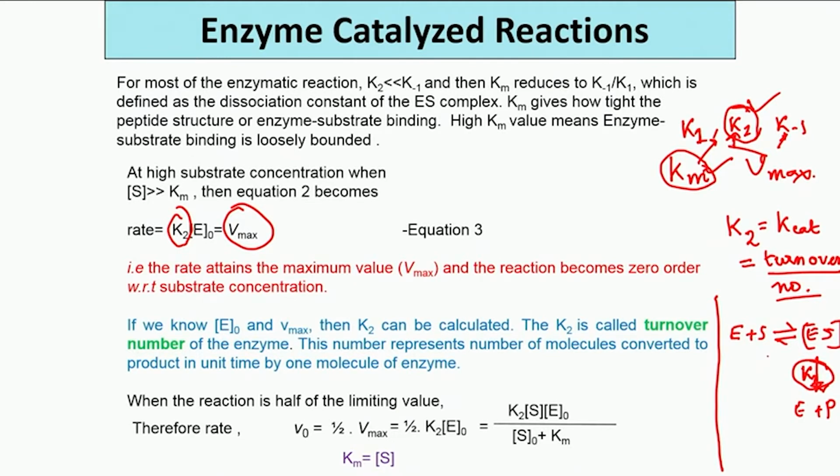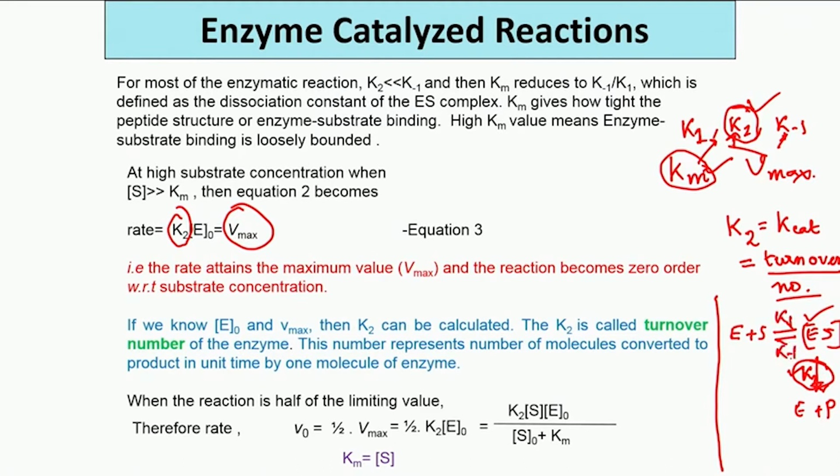An enzyme will be highly efficient if the turnover number is very high, that means the k2 is very high. At the same time, on what parameter does k2 depend? k2 will depend on the concentration of ES, the steady state concentration of ES at a particular time. Now, the concentration of ES is dependent on these two parameters, k1 and k minus 1.